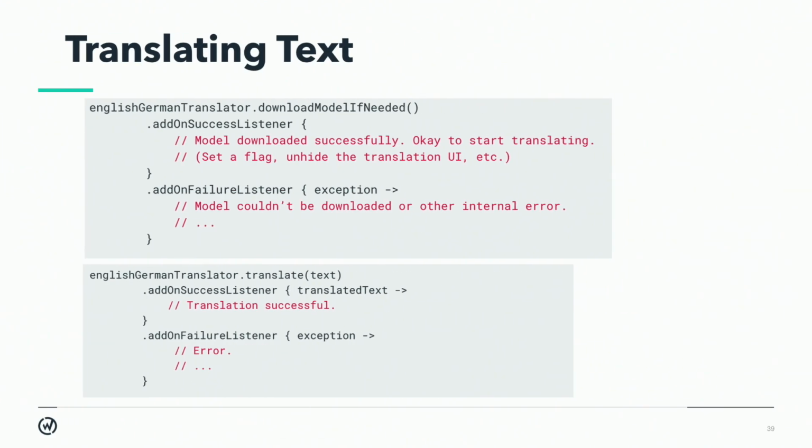The API itself is really simple. A translator can download the model if that's necessary, and then we have some listeners here for success or failure. Then you just call translate and pass the string with the text you want to translate. Really nothing super difficult here.